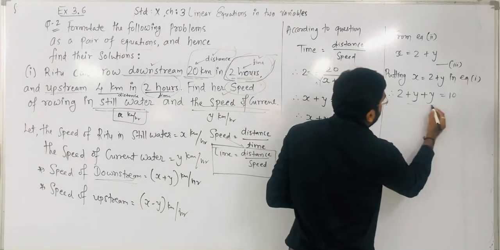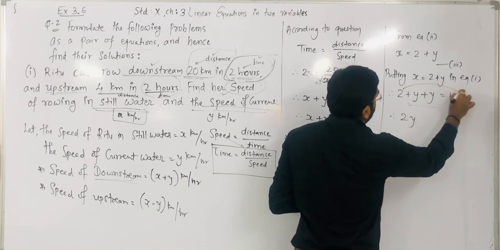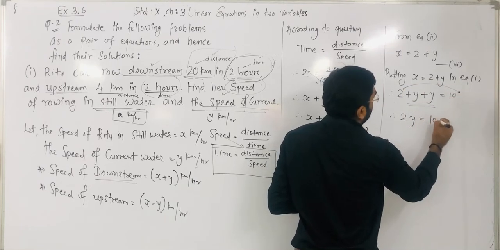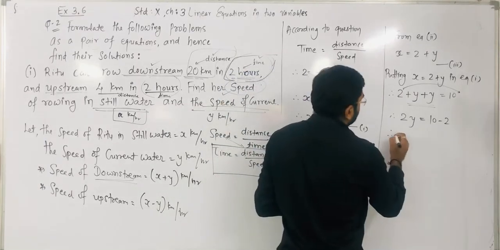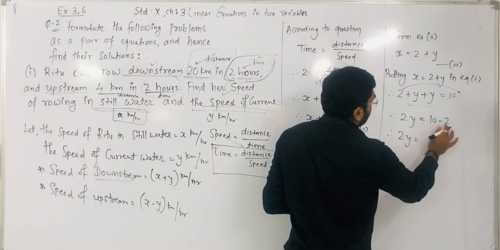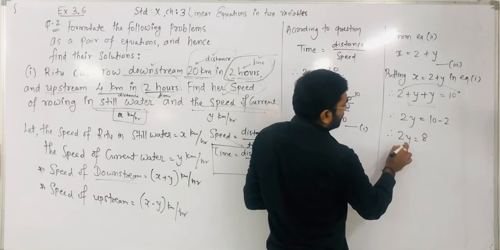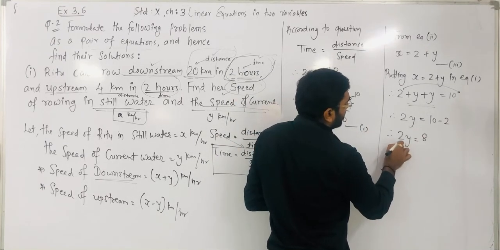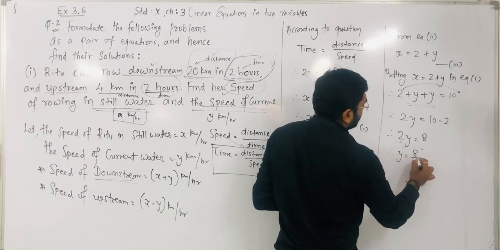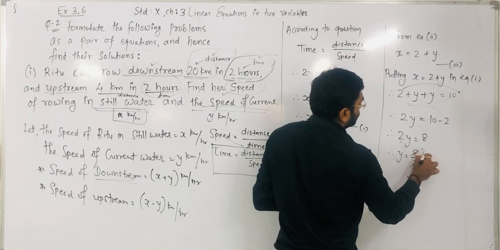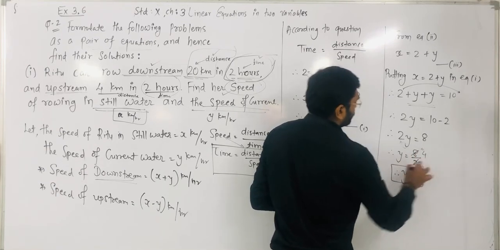Plus y plus y gives 2y. Plus 2 goes to the right hand side and becomes minus 2. So we get 2y is equal to 10 minus 2, which is 8. The coefficient of y goes to the right hand side in the denominator, so 8 divided by 2. Two fours are 8. So we get y is equal to 4.